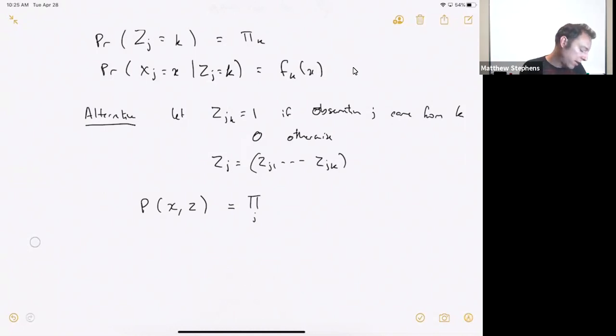So here, this is a collection of X's, X1 up to Xn, and this is the corresponding Z's, Z1 up to Zn.